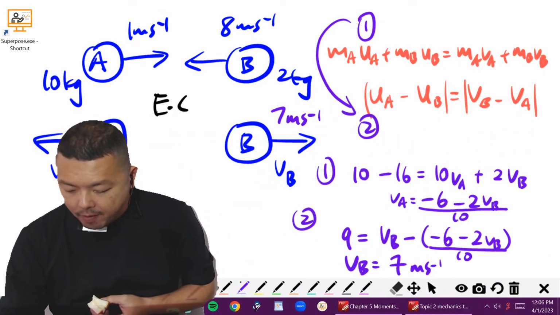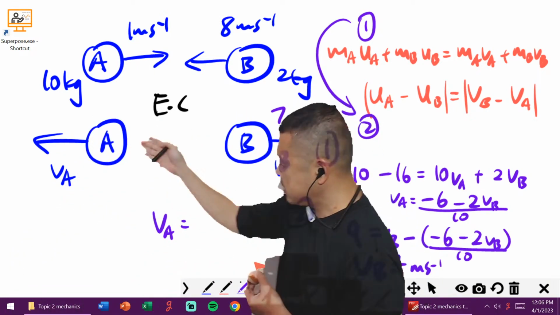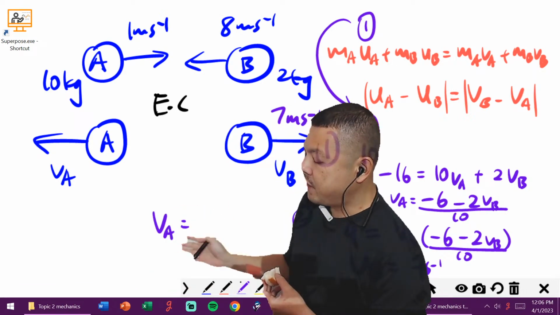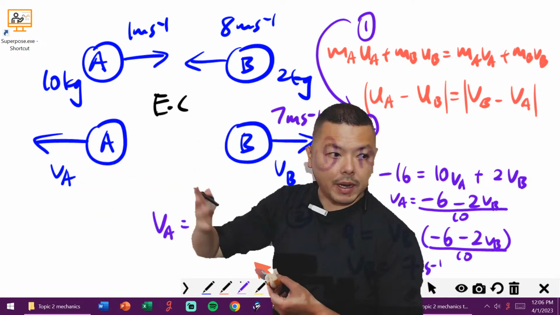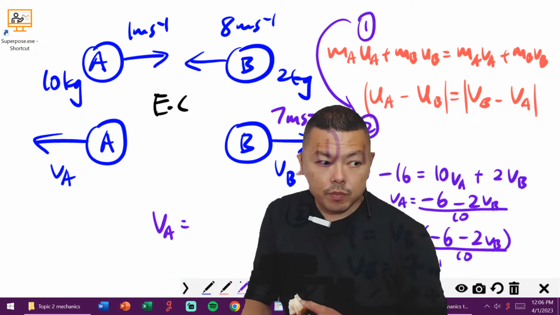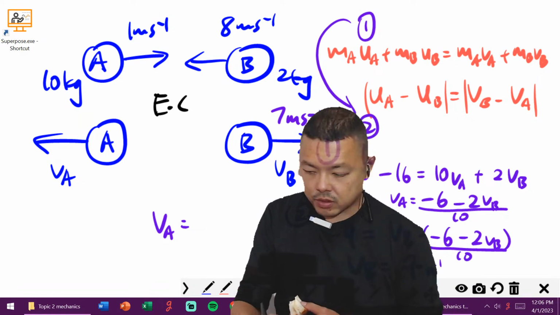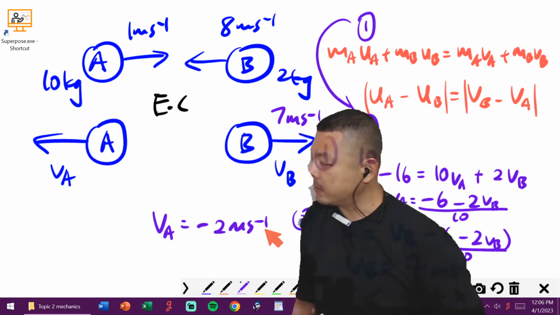You have to check for VA, right? If VA is a negative value, then it goes backwards. If VA is a positive value, then it actually goes forward. So the arrow I drew is wrong, right? But how much? What's the final value for VA? Oh, just nice minus 2 also. Oh, okay.